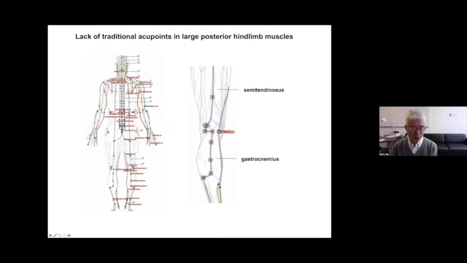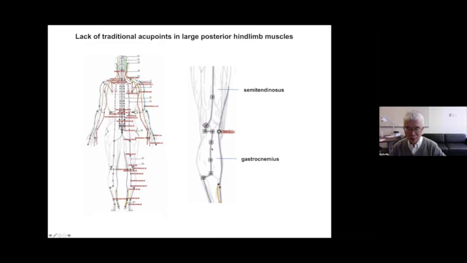Here, if you look at the posterior part of the hind leg, from the side of the hind leg region, you will see this is the bladder channel, which contains acupoints along the midline of the posterior side region. This is where the sural nerve is located. The ST36 is really located along the deep peroneal nerve, very close.